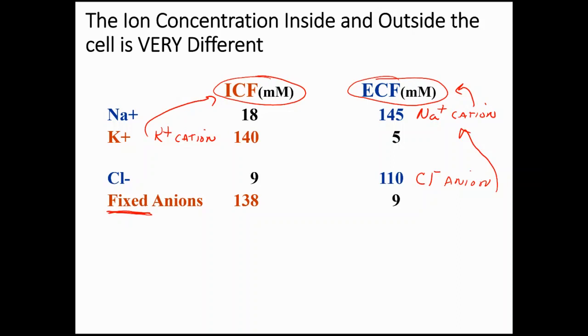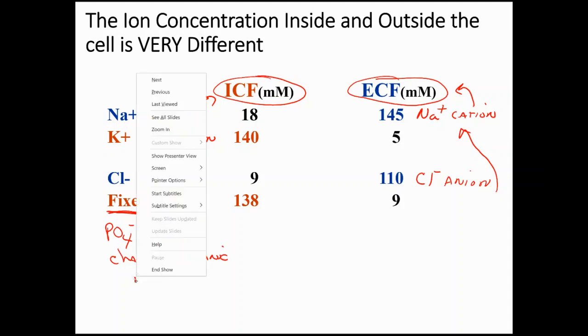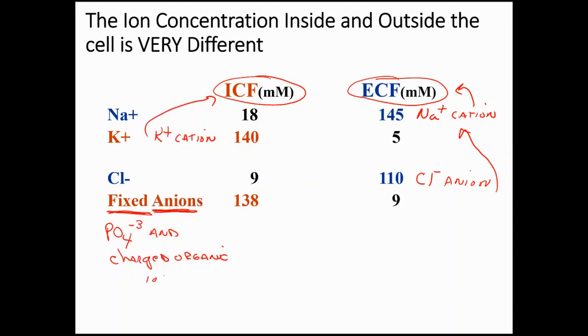People don't usually know what that means. Fixed ions are things for which we don't have a channel protein to allow a fixed anion to get across. For example, the main fixed anions inside the cell are mostly the phosphate ions, and also charged organic chemicals, biochemicals.